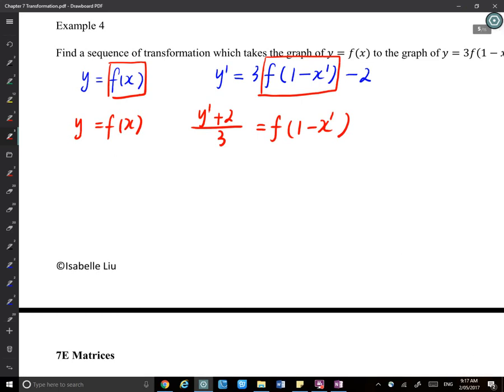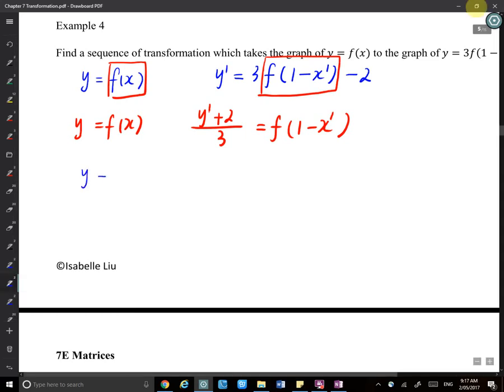That's actually easier than any other type of transformation. Whether it's f, g or h, you only leave that on the right-hand side. So what you will have is y equals y' plus 2 over 3. For the x side, what you insert into the function is x equals 1 minus x'.